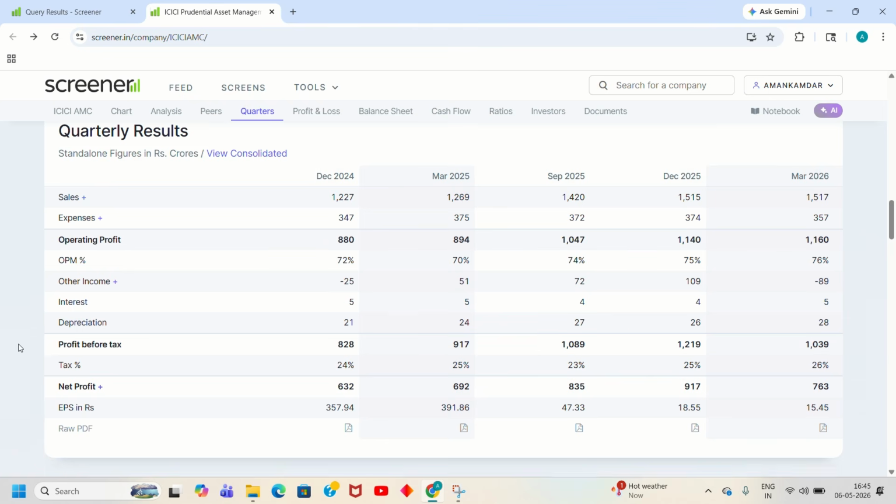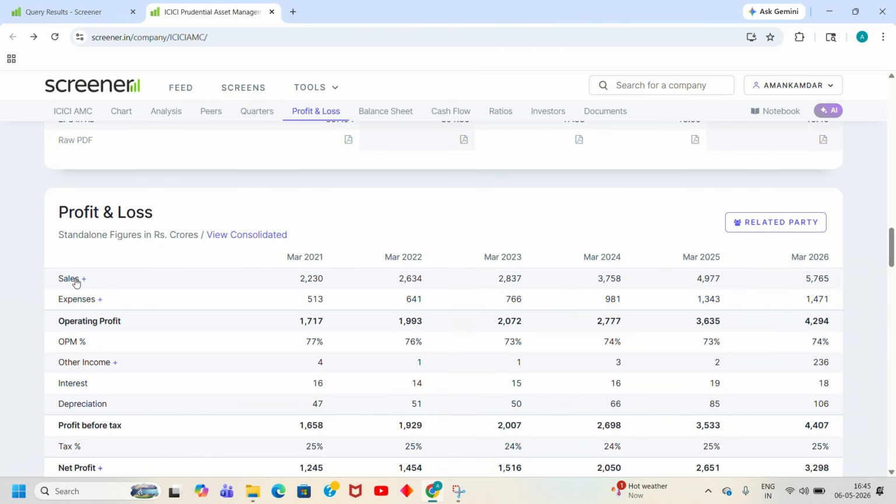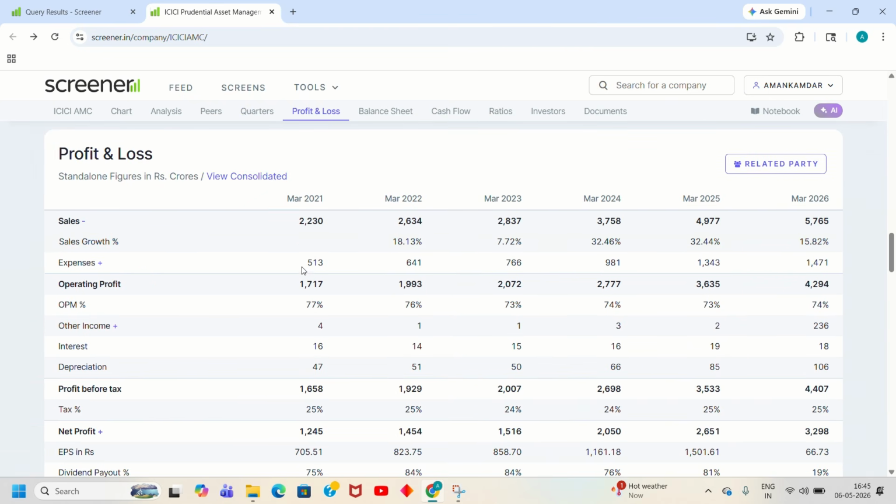Now these are the quarterly results and profit and loss. Now if we go to the sales, here we can see the year-on-year sales growth, which is 18.13% and 7.72%. And now March 2024, there was a tremendous 32% increase in sales, and 32% here as well, and 15.82%.